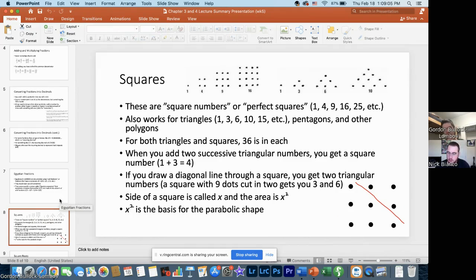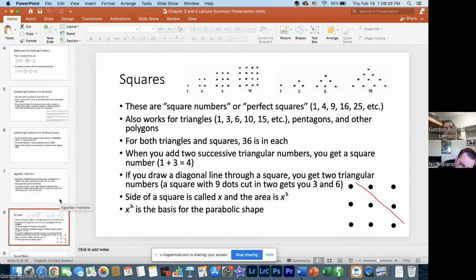Triangles and squares both have 36, and they're actually really similar, because if you add two successive triangular numbers, you get a square number.